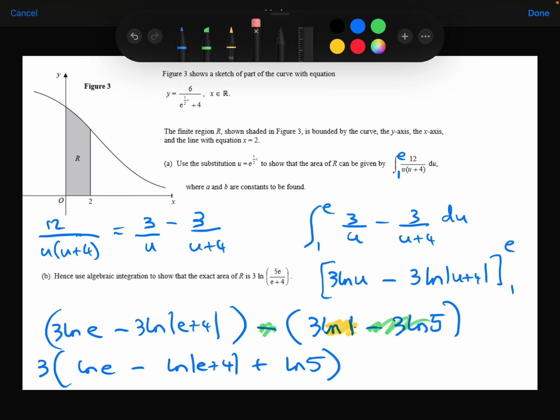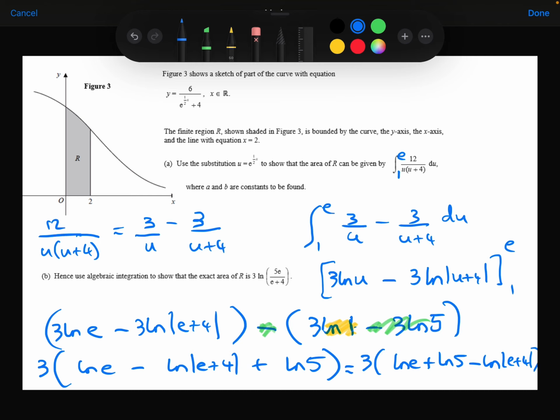And using the laws of logarithms here, let me rewrite the two positive terms next to each other just to make this super clear. We've got the ln e plus the ln 5 minus the ln e plus 4.